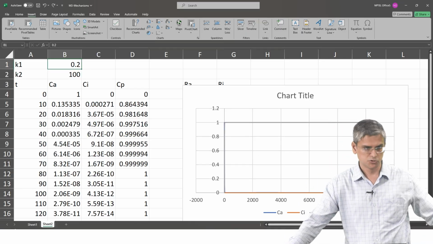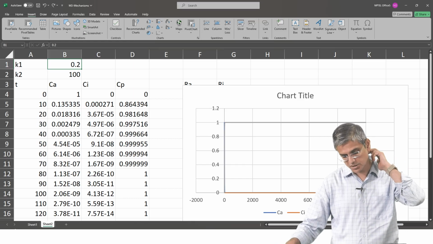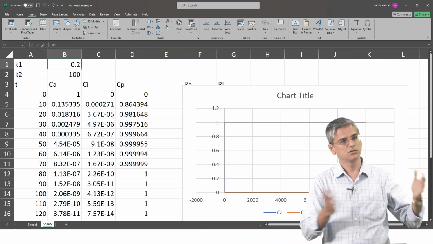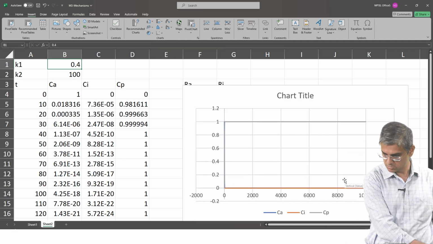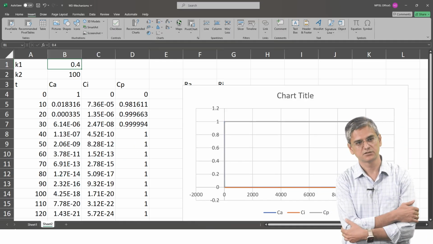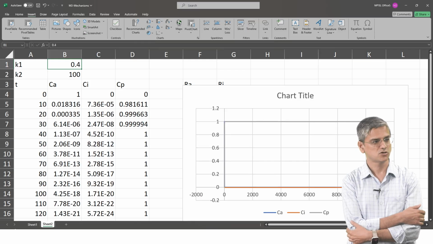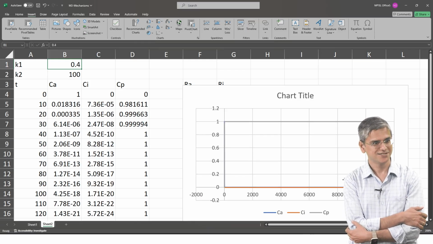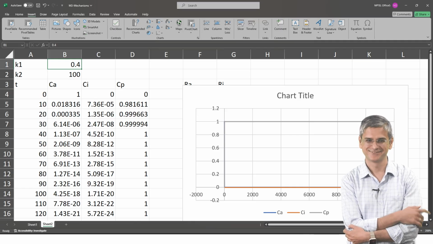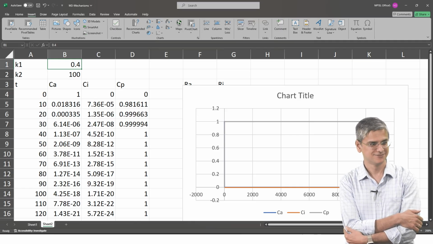So the rate of reaction really depends only on K1, the slowest step. I have doubled the slowest step, still you don't see anything happening. It means all the concepts that we have learned are wrong. Yes? No?